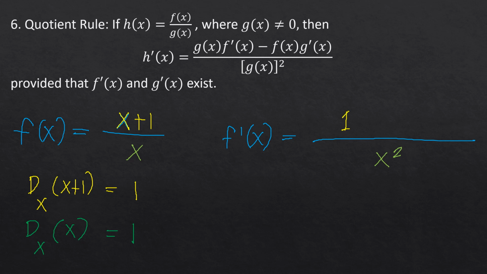At ang derivative ng denominator na x is also 1. So right here, 1. Now simply write the derivative of the numerator is 1. Multiply mo yan sa denominator, which is x. So 1 times x. This is minus. The derivative of the denominator is 1. I-multiply mo yan sa numerator, which is x plus 1.